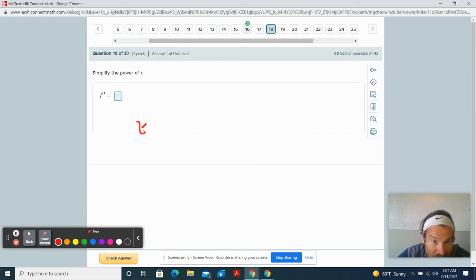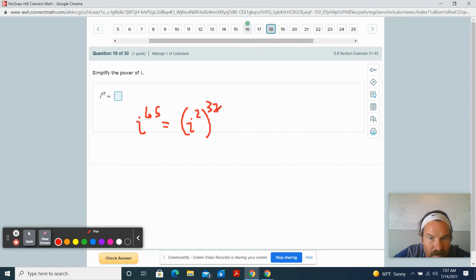I take I to the 65th power, and I take 65 and divide it by 2. You can just use your calculator, and just ignore the decimal. It says 32.5, so just put 32 here.